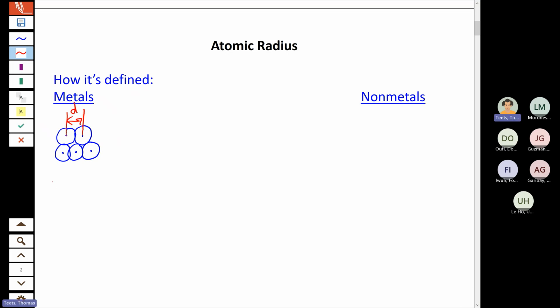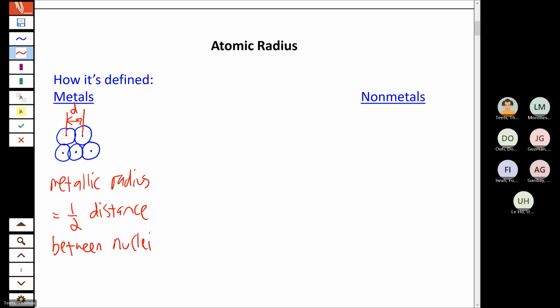And that radius, which is sometimes called the metallic radius, but more generically the atomic radius, would be 1/2 of that distance. We're saying that when two atoms get as close together as they possibly can in a metallic structure, there's going to be a nucleus here, a nucleus there, and one radius, two radii defines the distance between them.